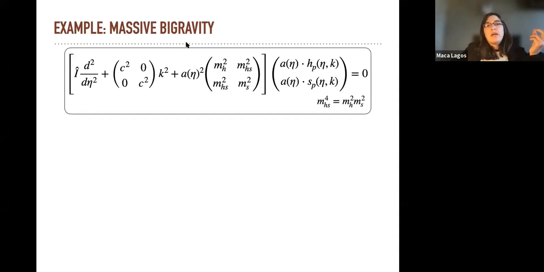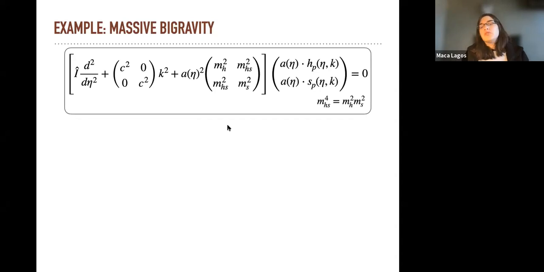And motivated by massive bigravity, the actual, it's called dRGT, massive gravity or massive bigravity, we're going to also impose this extra constraint on the parameters of the masses. So actually this matrix has 3 free parameters because it is symmetric. Now with this extra constraint, we have 2 free parameters that are going to fully determine our deviations from GR.